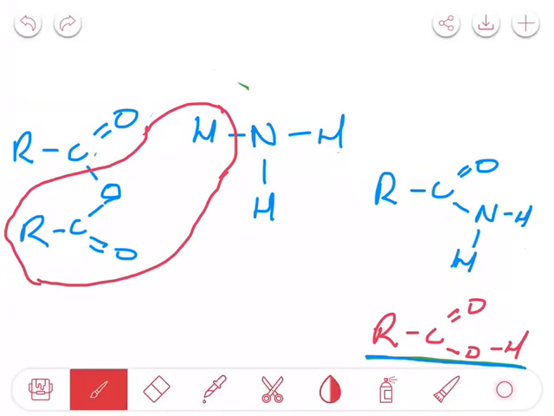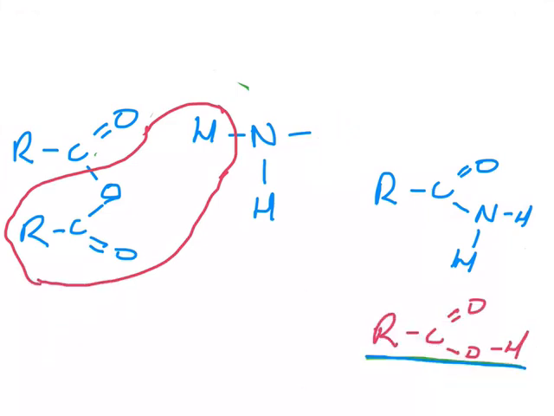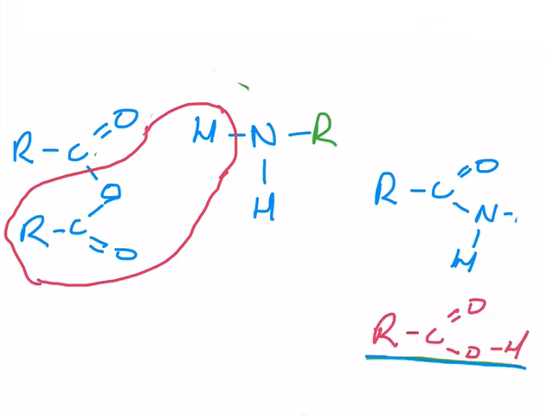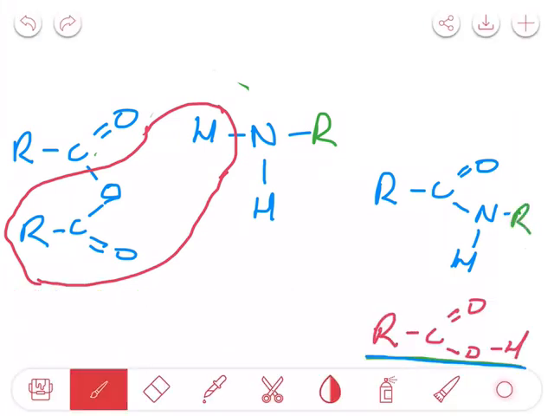So here you can see we've got the amide, just like we had before. It's reacting exactly the same way. Okay, if this was reacting with an amine instead, that would be an R group, which means that one of these would also be an R group, which would give us the N-substituted amide.